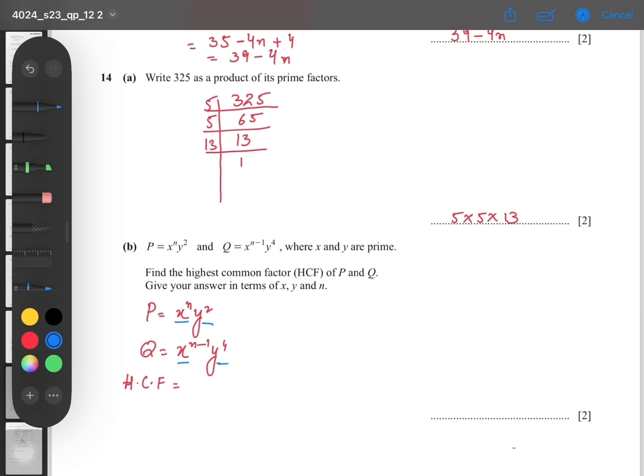So x raised n minus 1 is the smaller power and y raised 2 is the least power. So the answer of the HCF is x raised n minus 1 y squared.